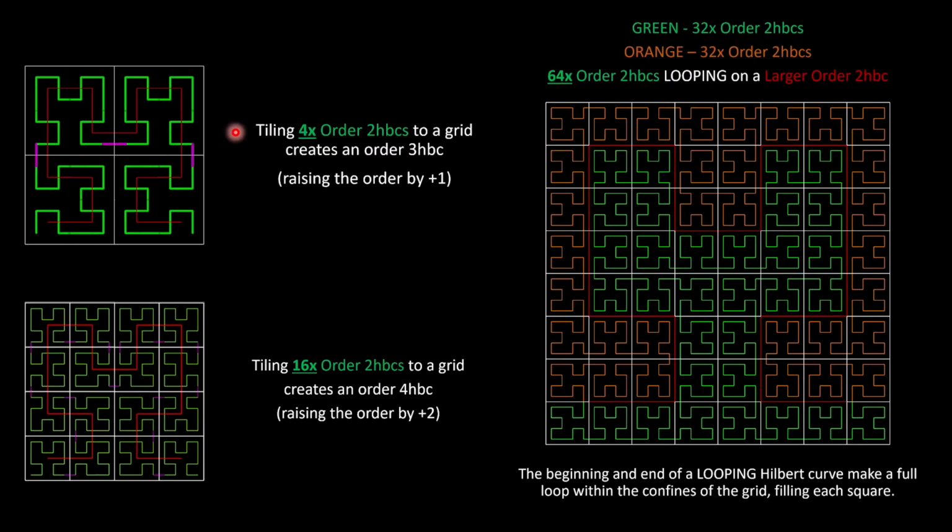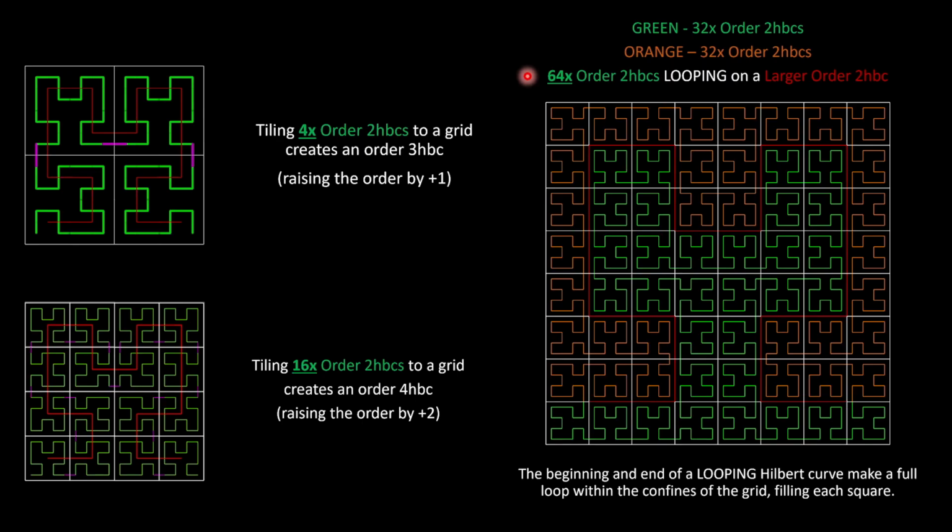Tiling 4 order 2 Hilbert curves to a grid creates an order 3 Hilbert curve, raising the order by 1. Tiling 16 order 2 Hilbert curves to a grid creates an order 4 Hilbert curve, raising the order by 2.